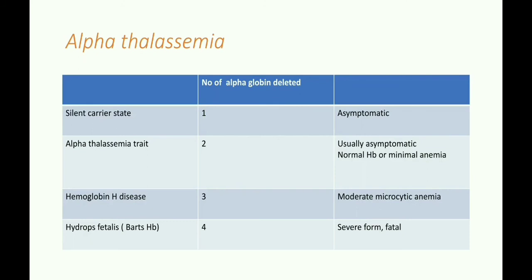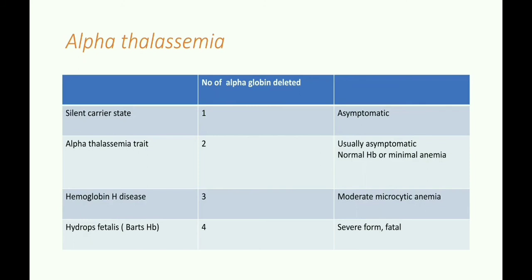We have to know that there are actually 4 alleles for the gene producing the alpha globin chain, and when only one is affected, that is a silent carrier state, and it is asymptomatic. When half of them, that is 2 alleles, are affected, that becomes the alpha thalassemia trait, and it is usually asymptomatic.